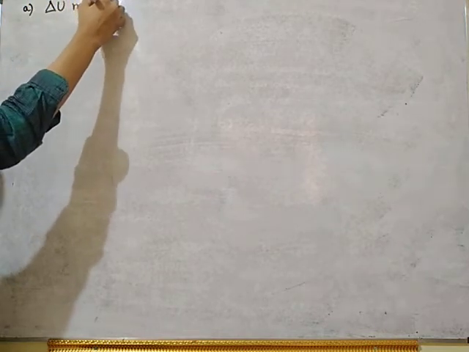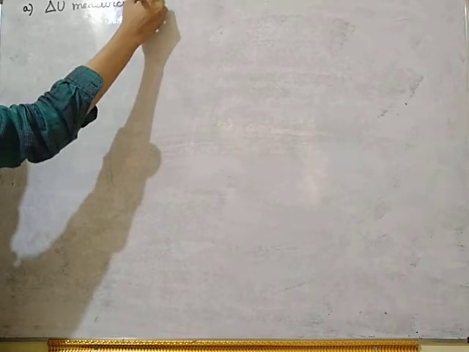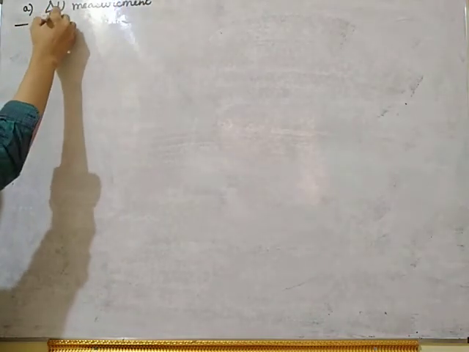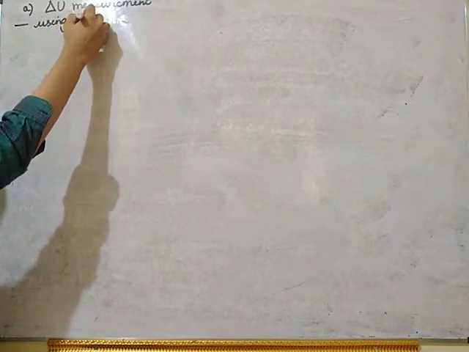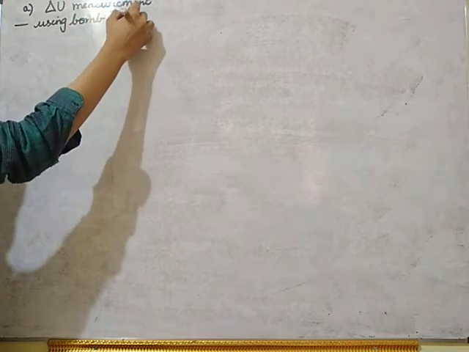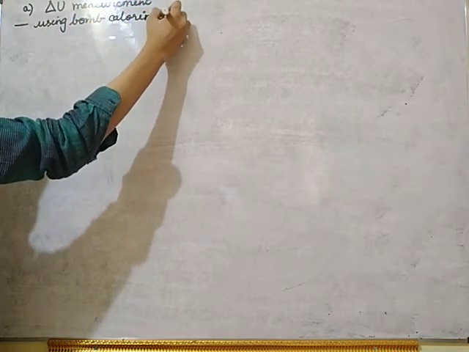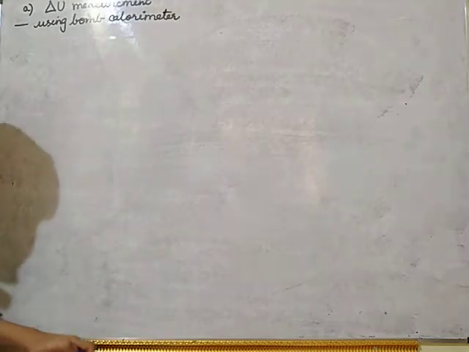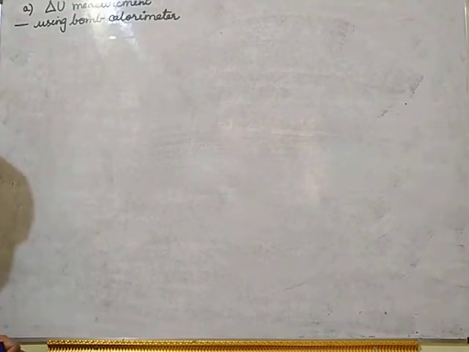So first we are going to measure delta U. This delta U first we are going to measure using the bomb calorimeter. So first we will draw the diagram of this bomb calorimeter. Draw the diagram for the bomb calorimeter.